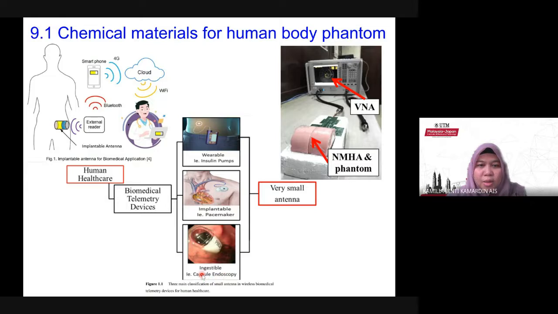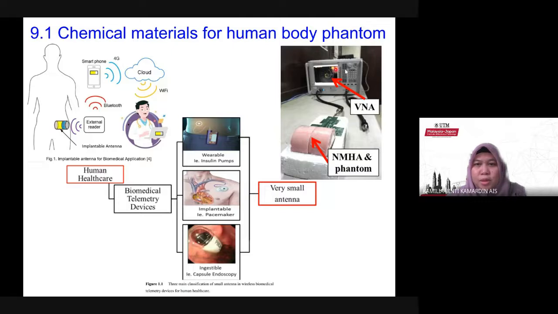And the third one is ingestible, where we can use it for capsule endoscopy. So in order to realize this from a research point of view, we have to fabricate or mimic the human body tissues.